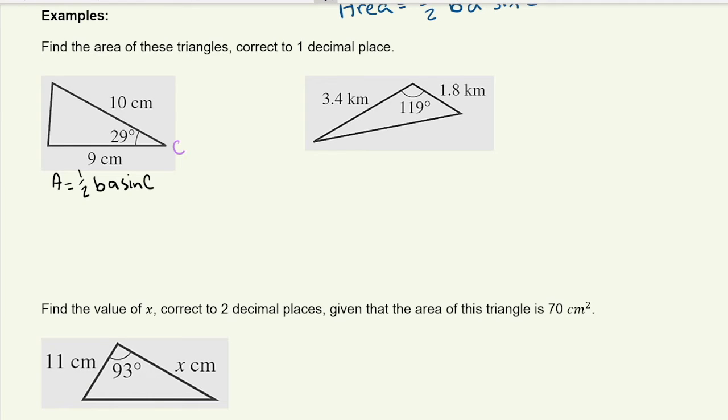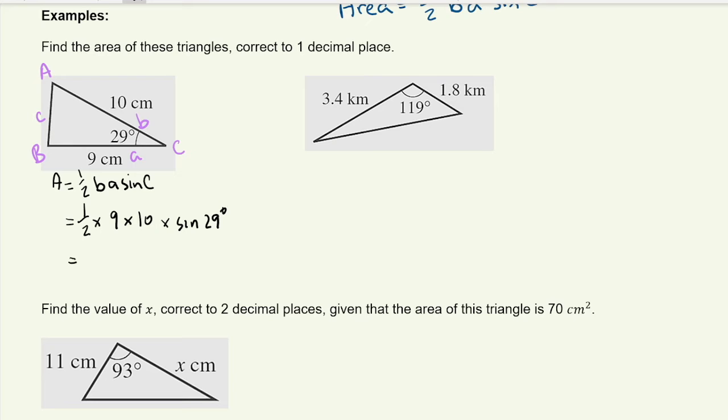Here's C. So little c, make that A and B, so that's little b and little a. Now we know what to sub in. So we're going to go a half times 9 times 10 times sine of 29 degrees. Now that 9 and 10 can be around the other way, which is probably what it should be, but it doesn't really matter because it's all multiplication.